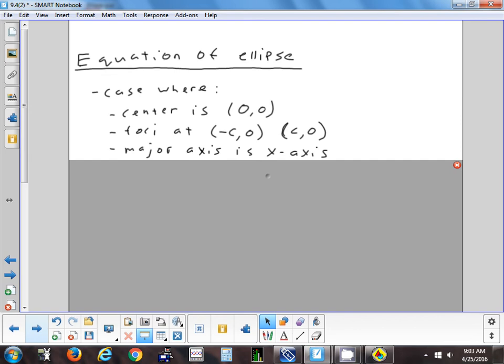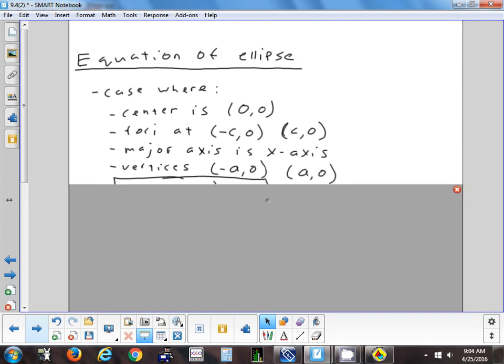The coordinates of the foci are (-c, 0) and (c, 0). The major axis is the x-axis. It's horizontal. What are the foci?